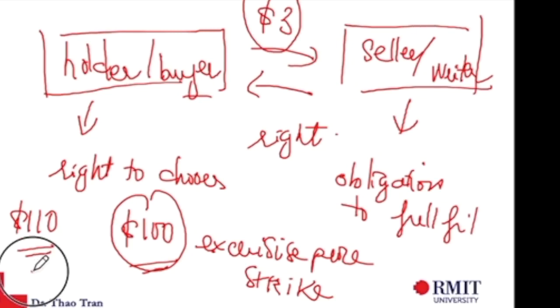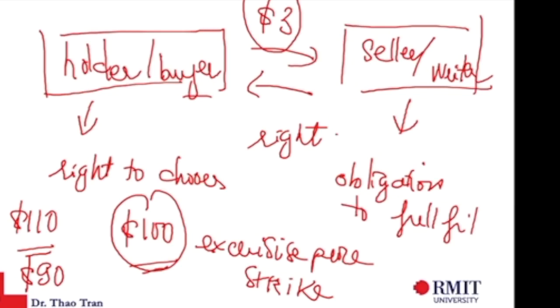What if after 7 months, the price drops to 90? It goes in another direction than what I expected. Should I exercise the option or not? I will let the option expire and walk away. Why?